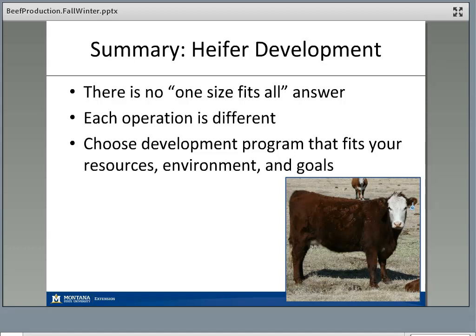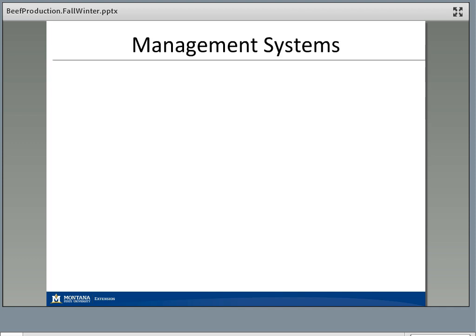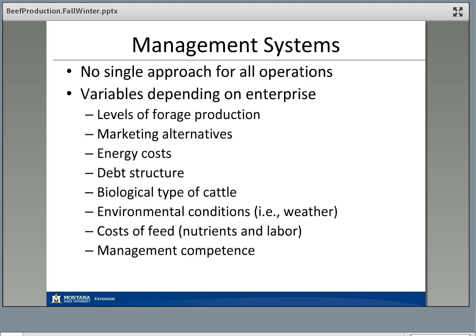So things like, how much forage do you produce? What kind of alternatives do you have for marketing? Energy costs, what's your debt structure? What kind of biological type of cattle do you have? What's your environment look like? How much does it cost to get feed both from a nutrient standpoint and from a labor and delivery of the feed standpoint? And then just how competent are you as a manager?